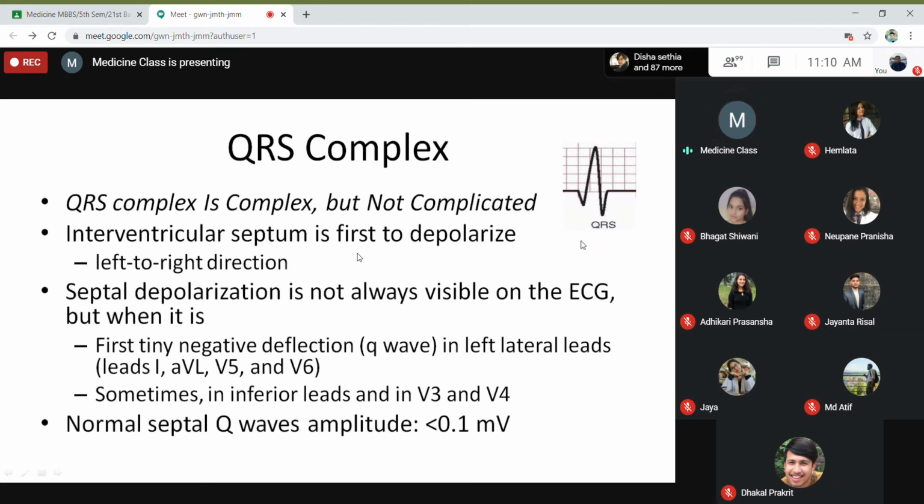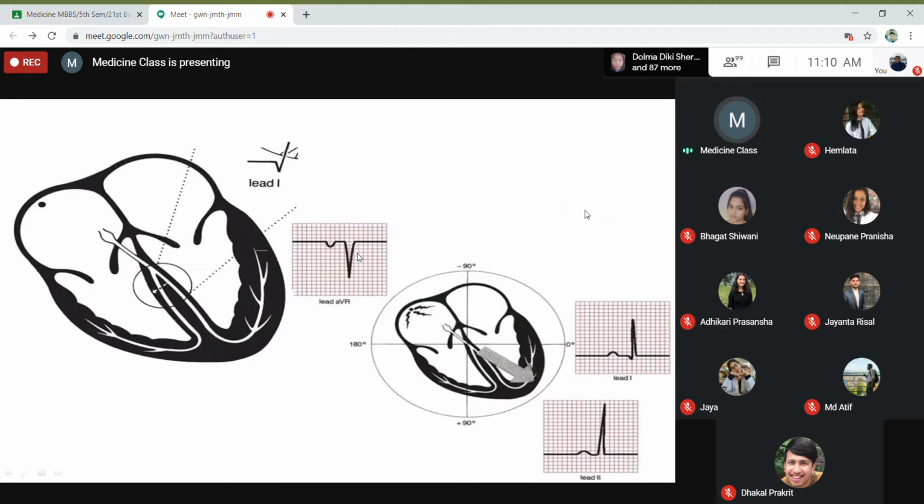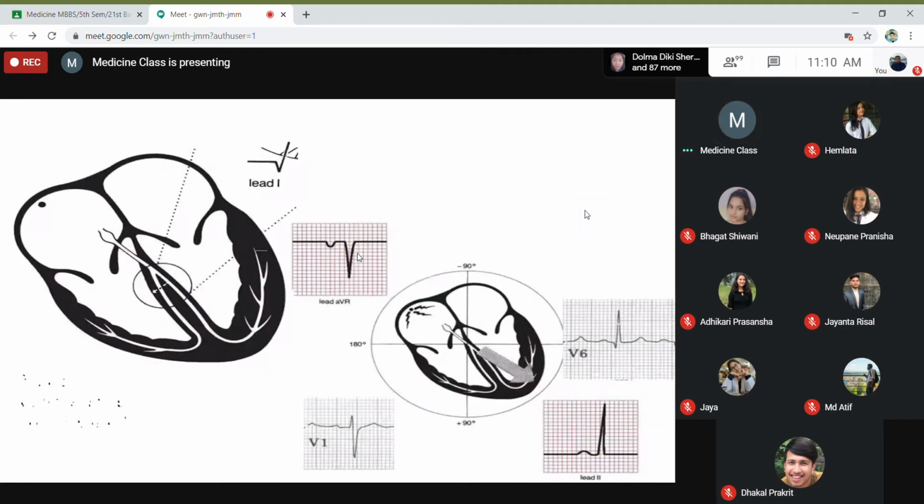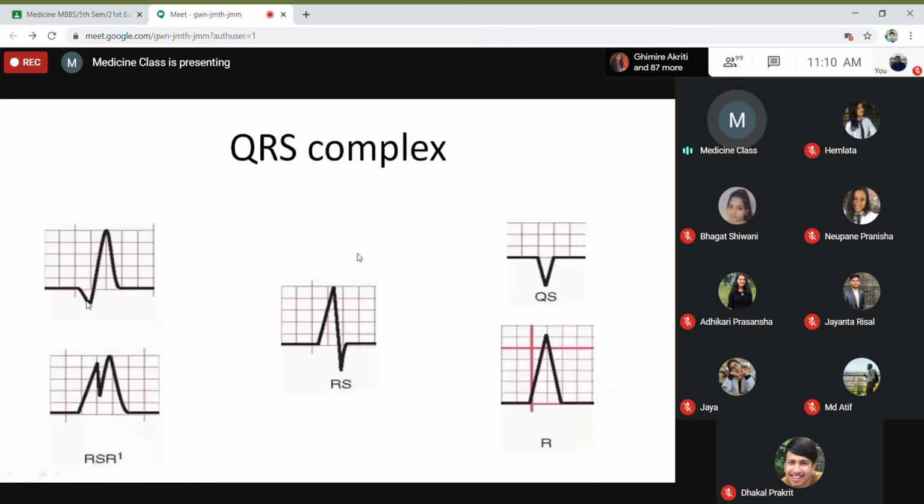Let me show you this one. Okay, like this, there may be a small q, R, and there is no S. Sometimes there is no q at all and only RS.